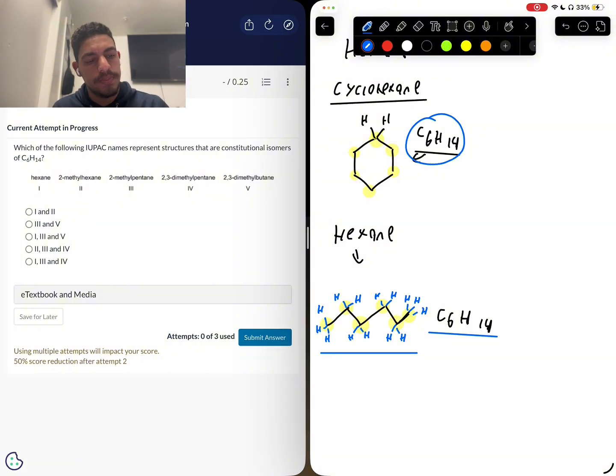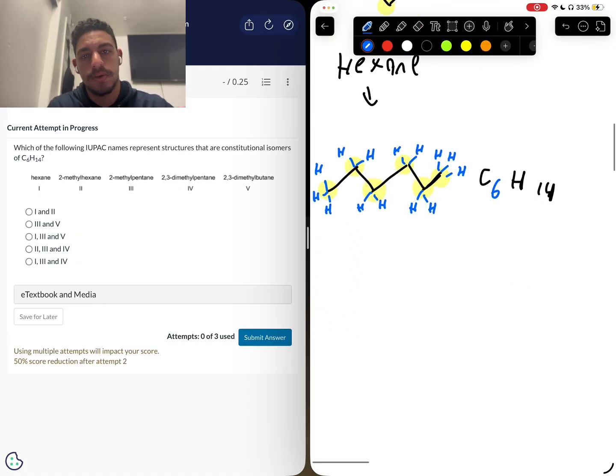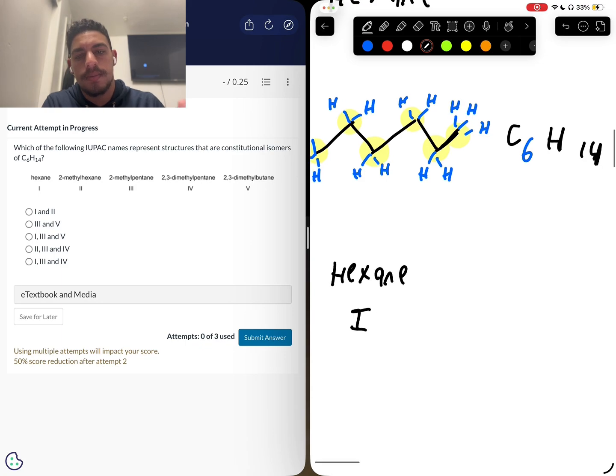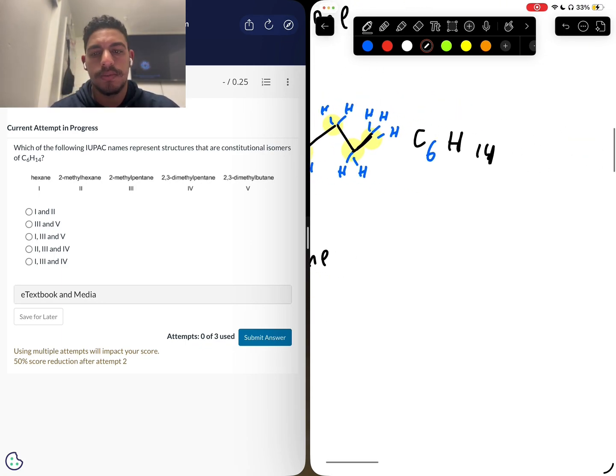So for this problem, it's asking for constitutional isomers. So one of them would have to be hexane. So hexane, okay? And then we have 2-methylhexane, okay? So let's see what that looks like. So 1, 2, 3, 4, 5, 6.